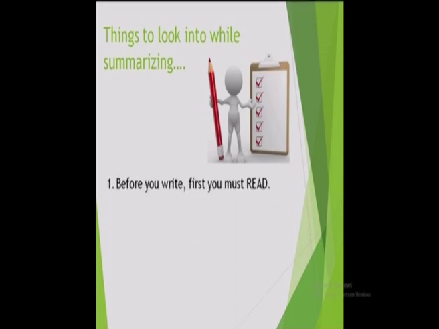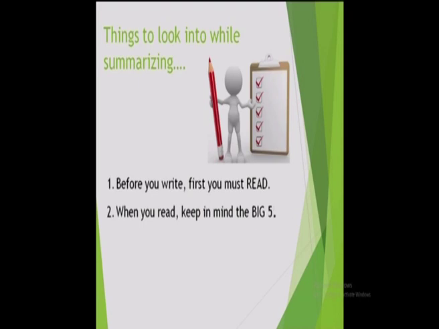Number 1, before you write a summary, the first thing is you must read. Without reading, you cannot write. So let's say you are going to write a summary of a story. Without reading the story, you cannot write the summary of the story. So you must read the story and then you can write a summary.